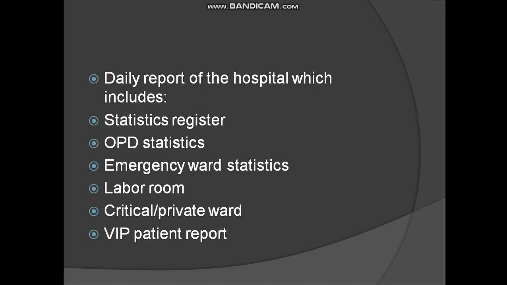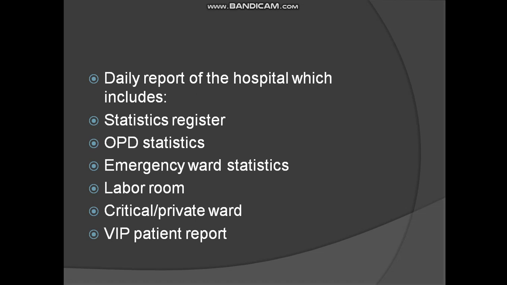Then daily report of the hospital, which includes statistics register, total patient number. Then OPD statistics, number of patients who came in the OPD. Then emergency ward statistics, number of patients who came in the emergency ward. Then labor room, number of patients in labor room.